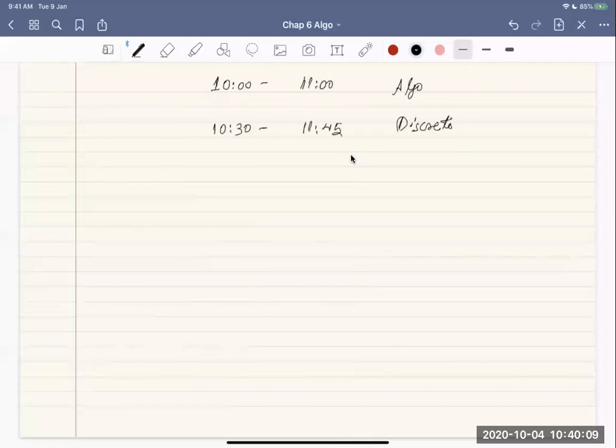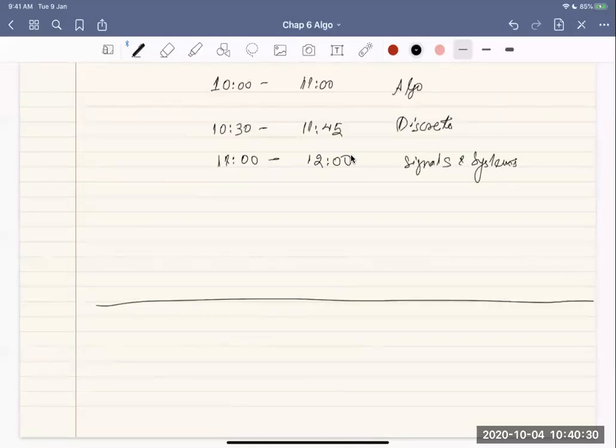Another person may say the signals and systems class wants to run from 11 to 12. Now I have a single classroom, let's say available all the time, but two teachers cannot take the class at the same time.